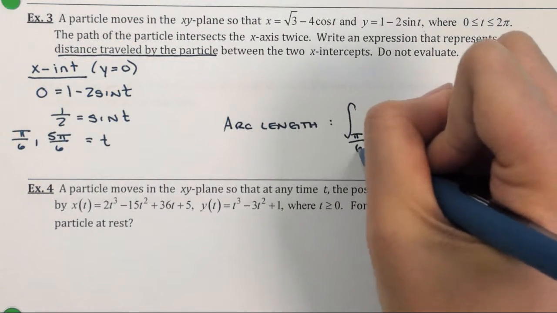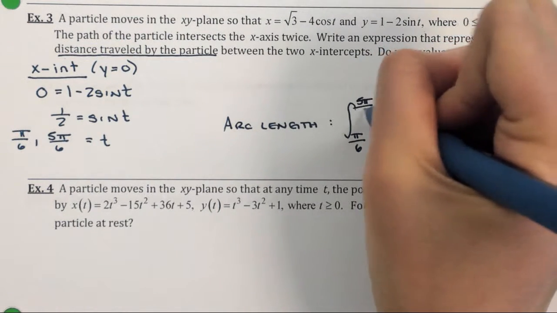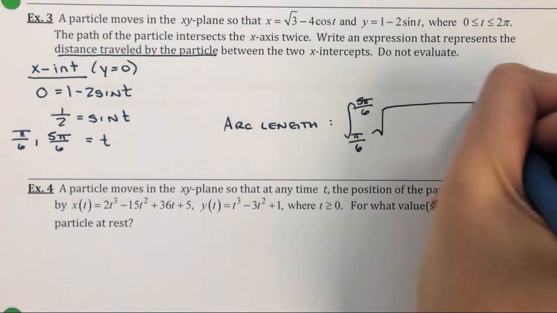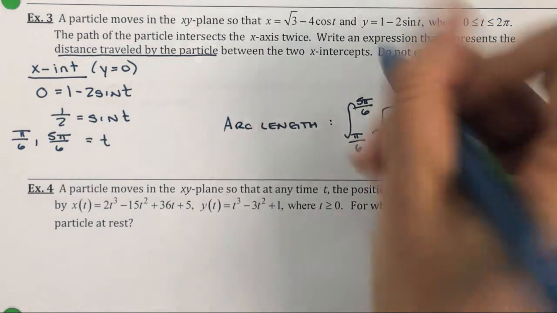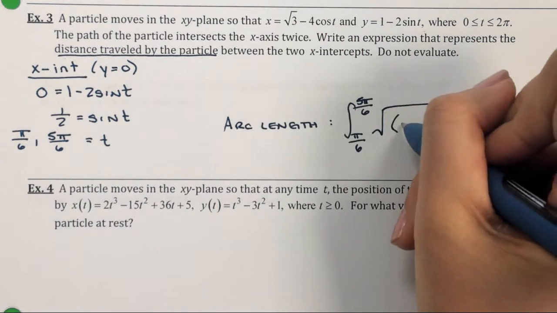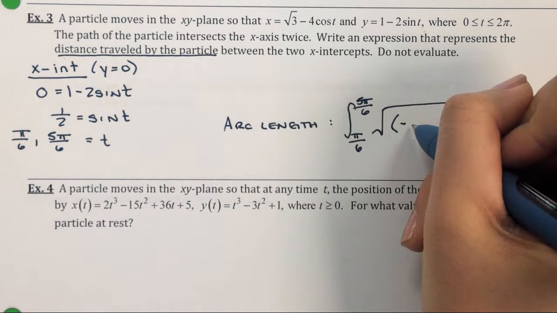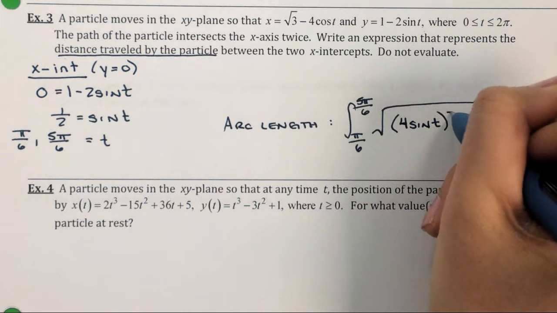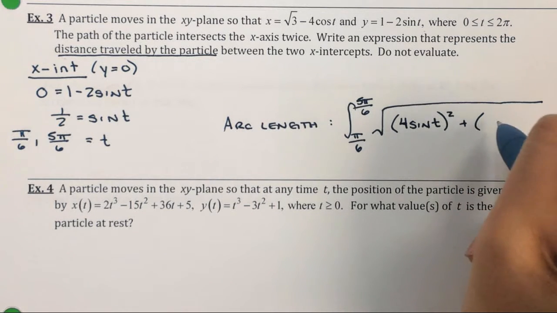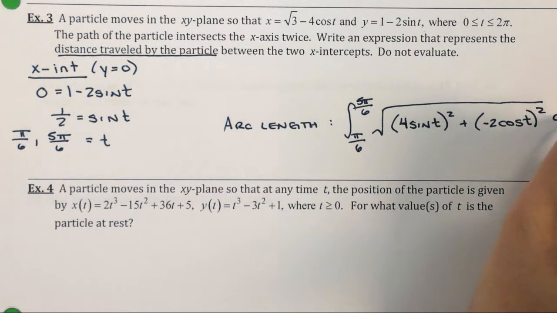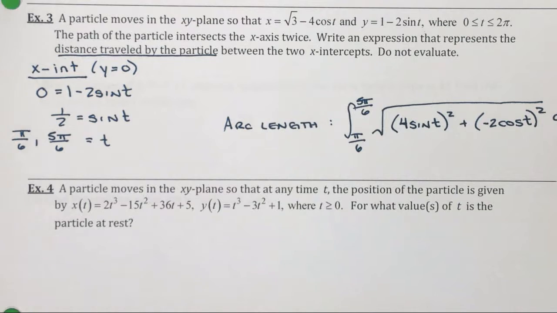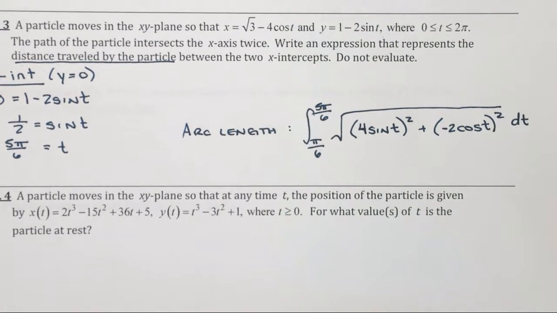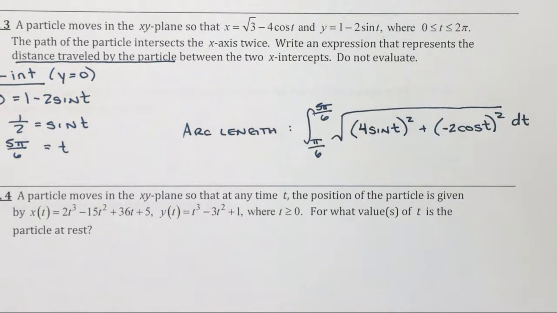So we're going from pi over 6 to 5 pi over 6 of the square root of dx/dt squared plus dy/dt squared. And you don't have to simplify it because it says write an expression, but do not evaluate.